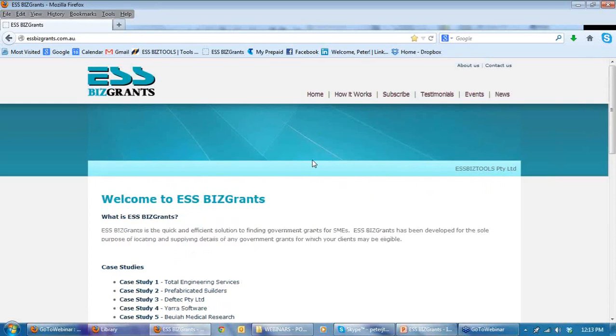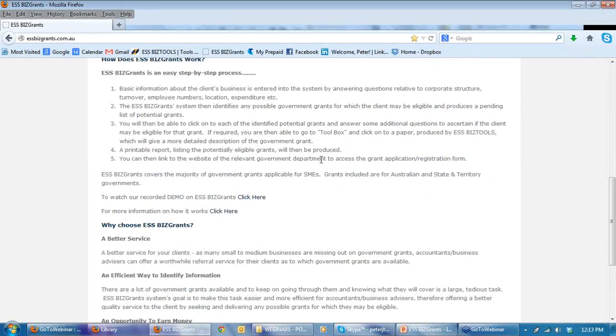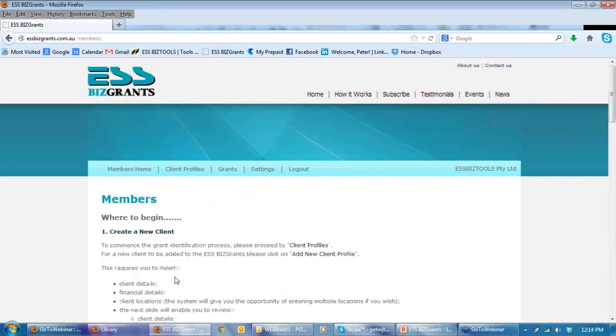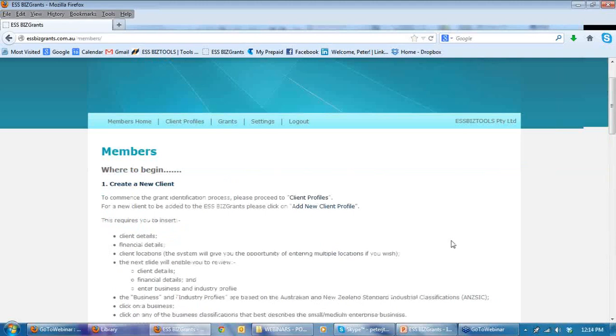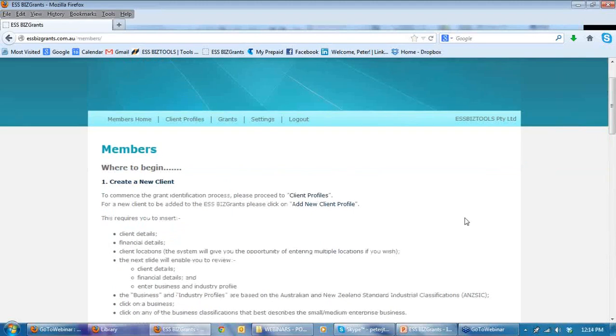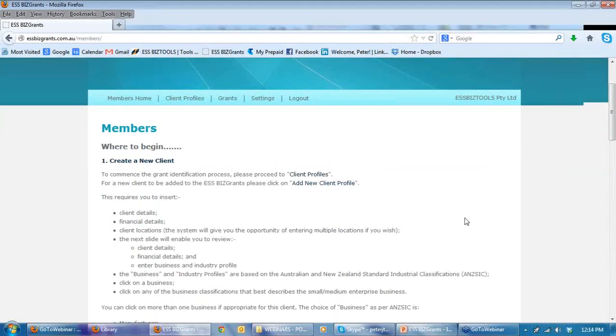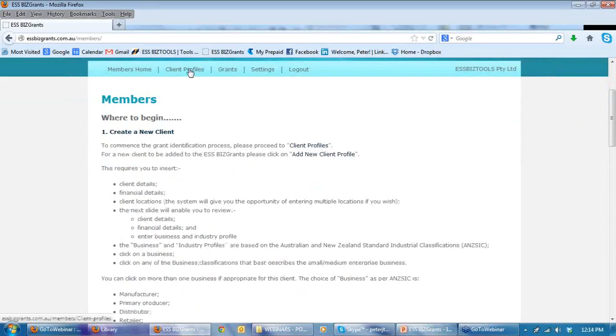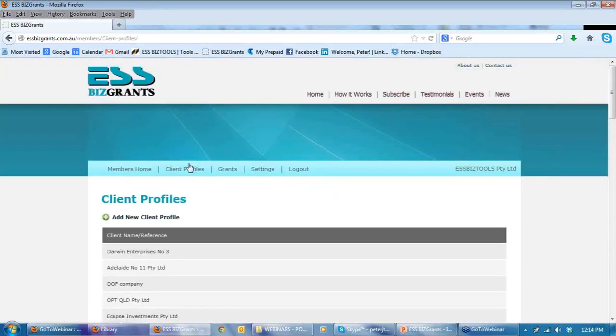Onto the site, and I've already inserted my password. So when you get into the site itself, there's information about how you can complete the client profile and the other processes, but we'll skip those because I'm going to show you how they work.